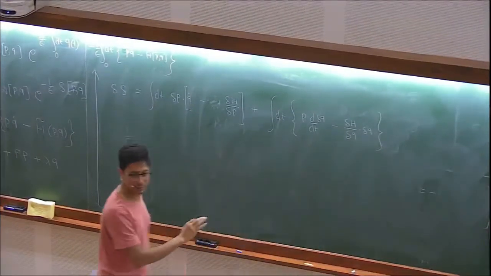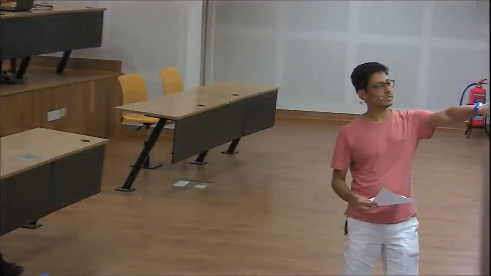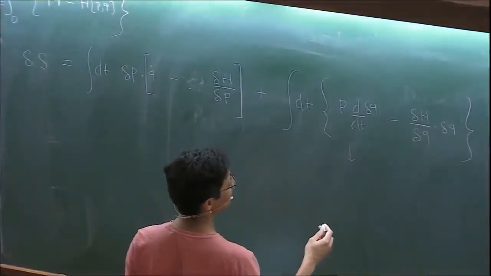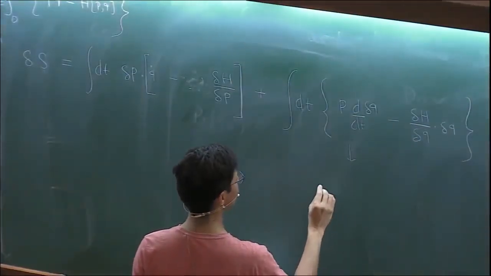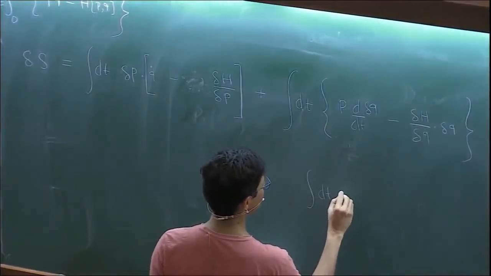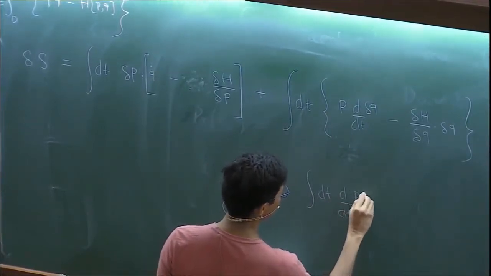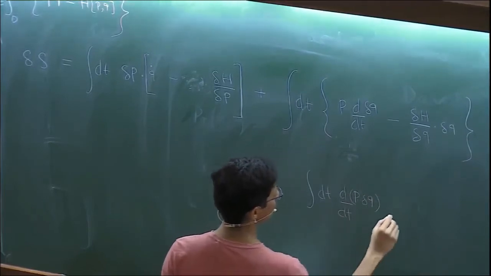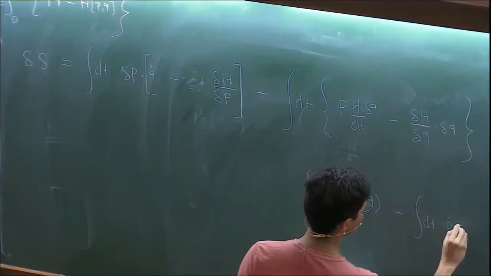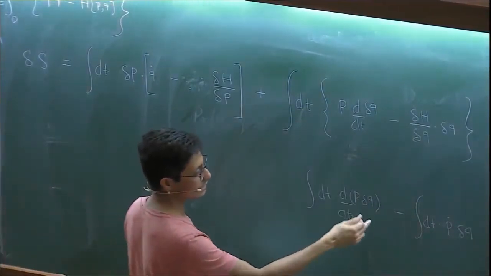You see why I am doing this? Because it would be important for the boundary conditions. Now what do I do with this term? You just do an integration by parts. If I do an integration by parts, there will be one term which would be the integral dt of d dt of P delta Q, minus the integral dt of P dot delta Q. Just an integration by parts.